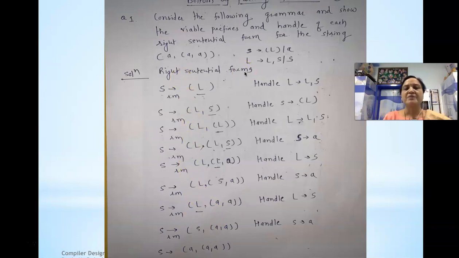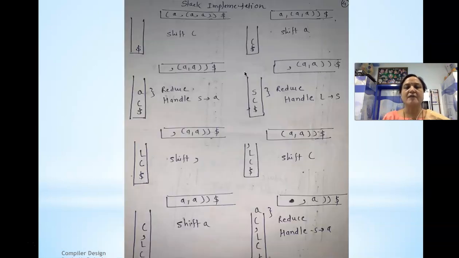Now let us see how to find the handle and viable prefixes using the stack for the same example. Initially the stack is empty. The input buffer consists of the input to be parsed, that is (a,(a,a)) followed by dollar. Initially the stack has only dollar.